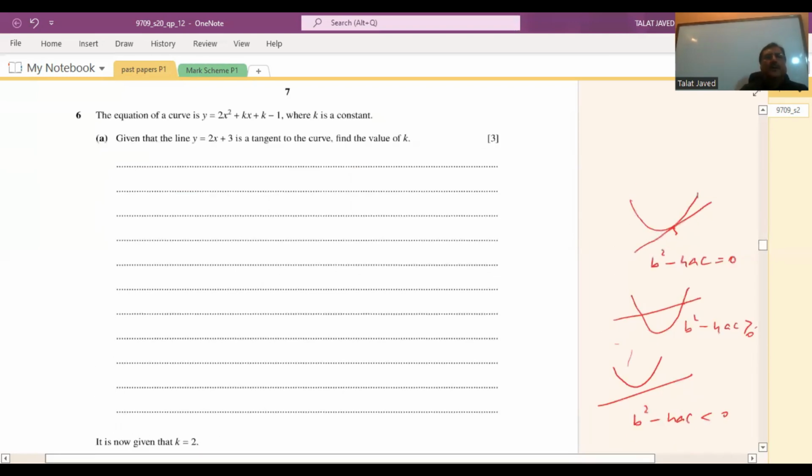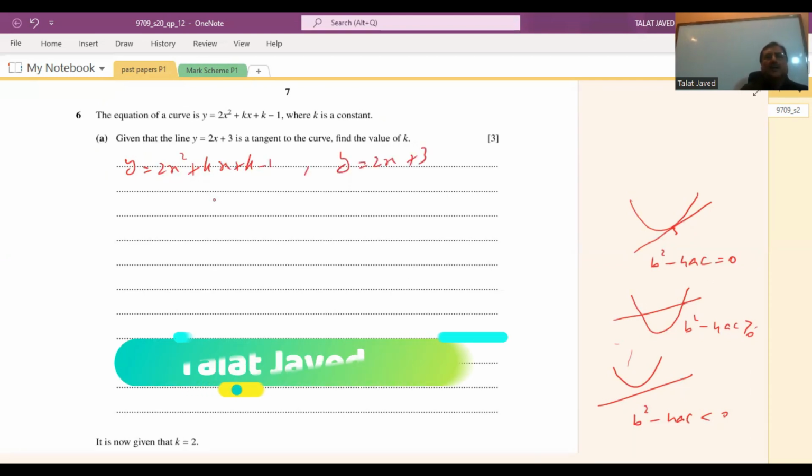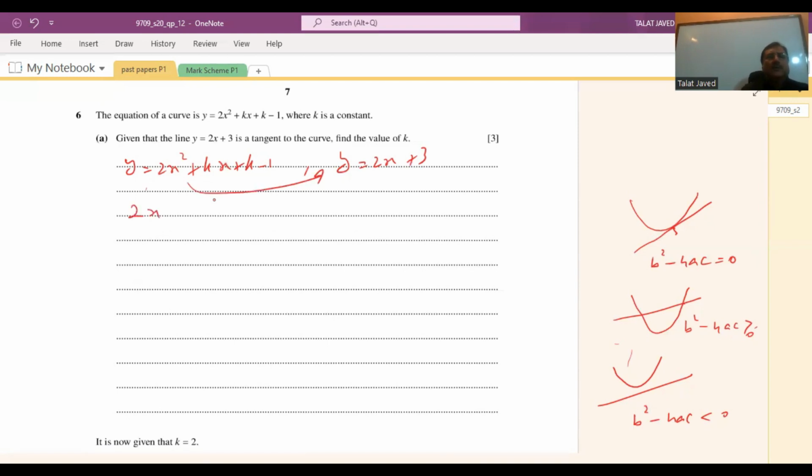Here we get y equal to 2x squared plus kx plus k minus 4, and y equal to 2x plus 3. Now we will be able to solve the equation by replacing this y: 2x squared plus kx plus k minus 4 equal to 2x plus 3.